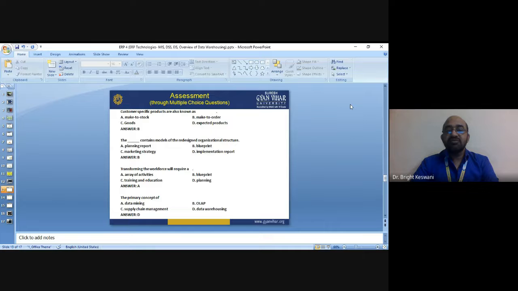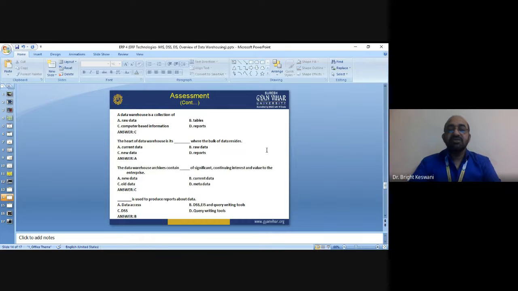Transforming the workforce will require an array of activities, or blueprint, or training and education, or planning. So the right answer is array of activities. The primary concept of dash: data mining, OLAP, supply chain management, or data warehousing. So the right answer is data warehousing.